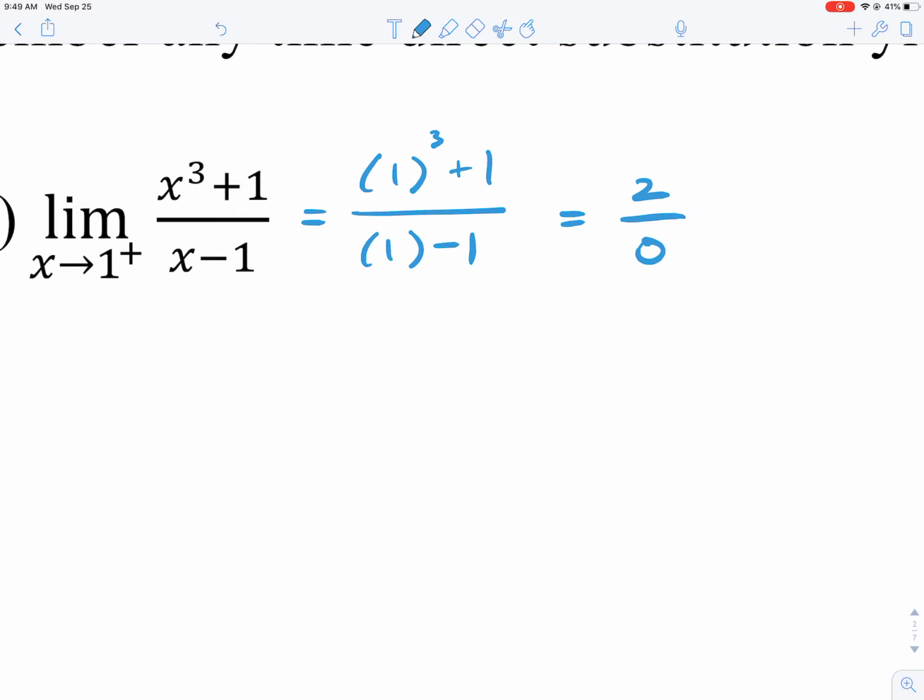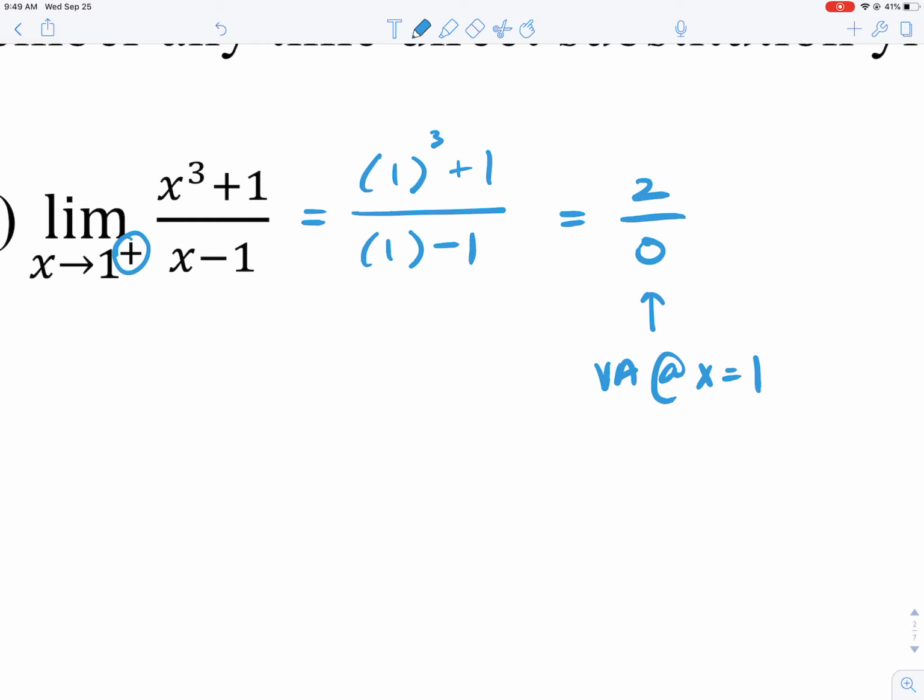So that tells me that there is going to be a vertical asymptote at x equals 1, which means that the limit doesn't exist, but because this is a one-sided limit, I can say the limit will be equal to positive or negative infinity to describe why it doesn't exist. So you can figure out what that graph looks like.